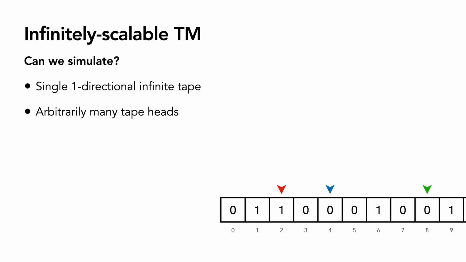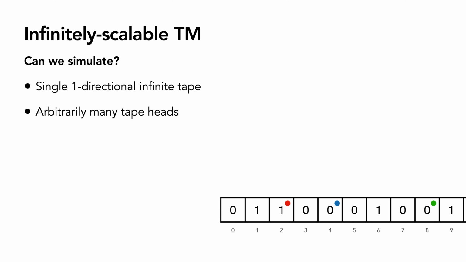So our infinitely scalable Turing machine. We can go back to a regular tape, no complications there, but here we want to have a lot of different tape heads. And fundamentally, if we want to simulate this, we're going to say we can only have our standard one. And so we're going to need some other way to keep track of what all these other tape heads are doing.